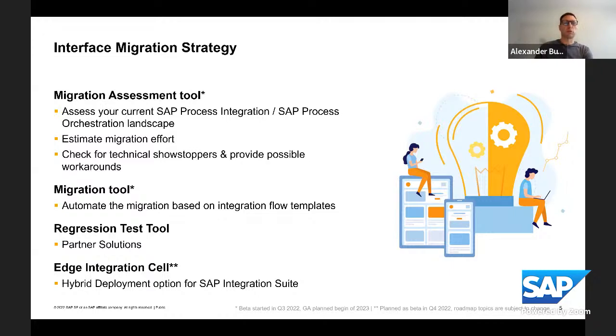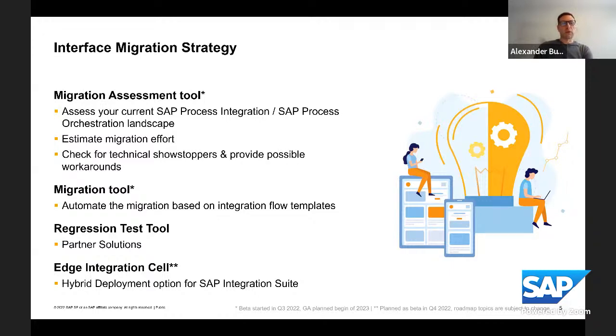And then you would do an effort estimation and a feasibility check, right? And you would check whether there are any technical showstoppers, or if the scenarios would be supported to run on cloud integration.